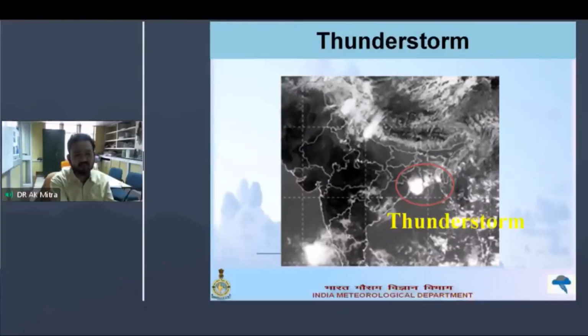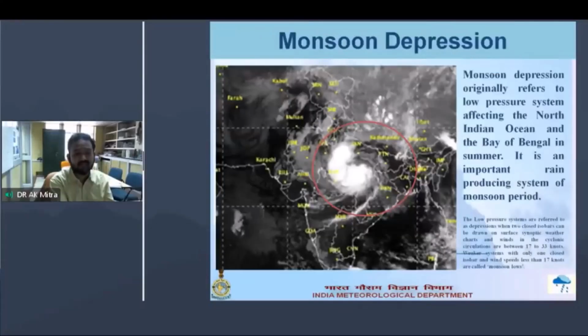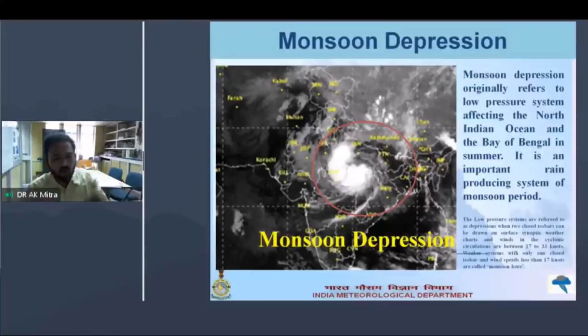These are the thunderstorms. So thunderstorms can also be seen like this, as I mentioned. And then monsoon depression. This is also a most important phenomenon that we see during the monsoon months. I think last year we saw that only the July month covered the entire monsoon period rainfall. It is because 6 to 7 monsoon depressions were generated, and you can see how much rainfall it carries.